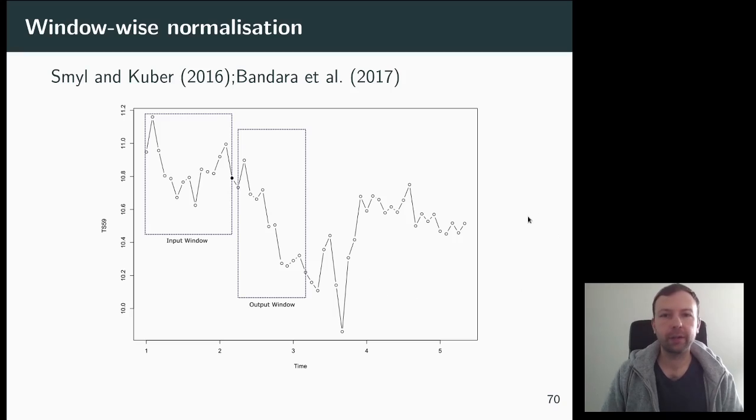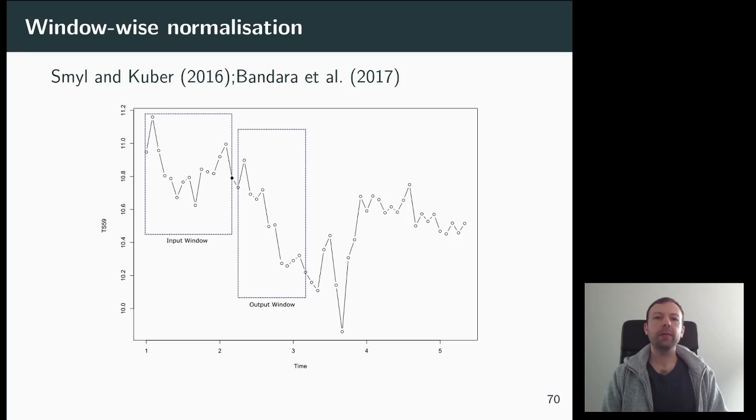Another quite nice approach to deal with trend is window-wise normalization, that was first introduced by Smyl and Kuber, and then we also picked that up in a work with my student Kasun Bandara in 2017. So here the idea is basically you have your input and output window with which you train the neural network, and now you normalize the input window, and you have different ways of doing this.